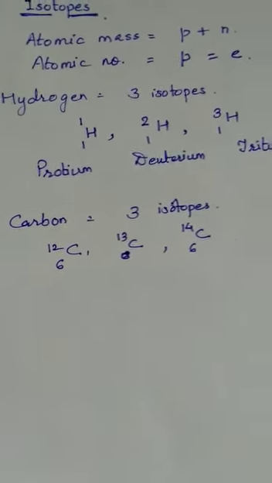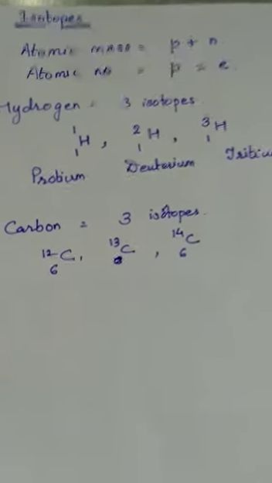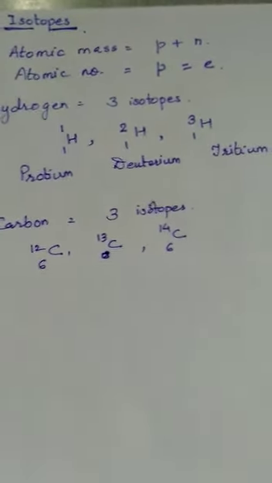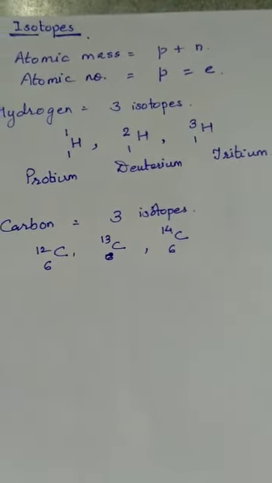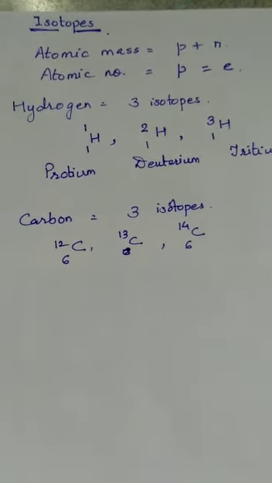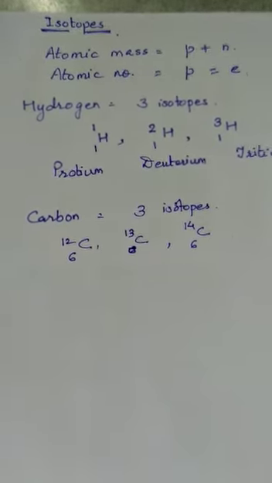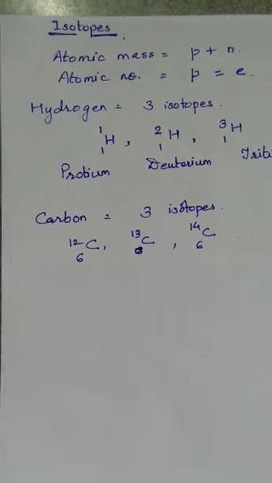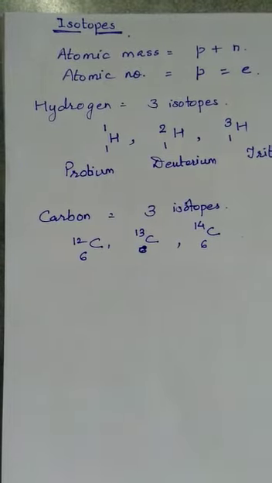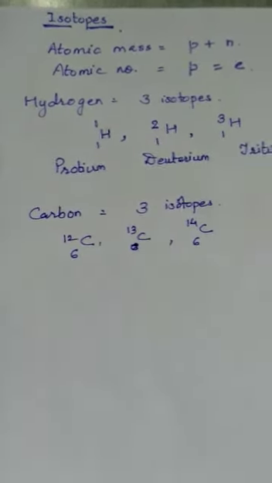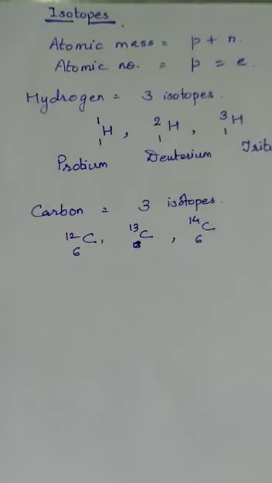The fractional atomic masses can be explained because in nature there are different kinds of atoms of the same element present in a given ratio. You have to consider the ratio of those different kinds of atoms of the same element, and the average atomic mass has to be found out.